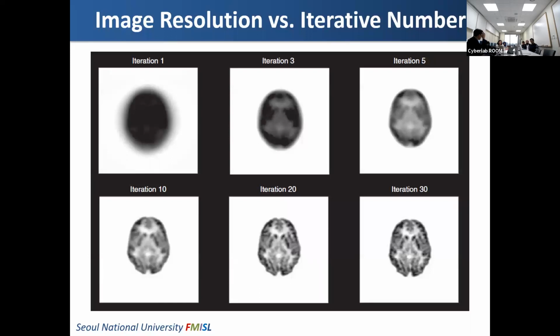Theoretically we can determine the iteration number, but in the clinic we just use a fixed number, because if we apply too many iterations, the image starts to be noisy. Too many iterations can cause noisy data.